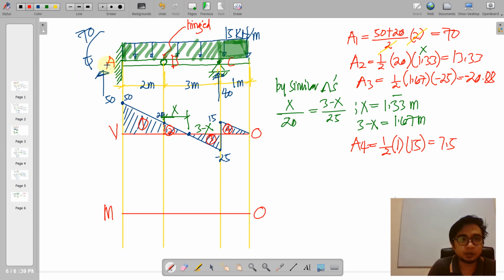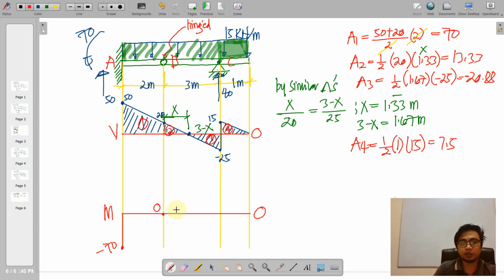So we start with A having a negative rotation equivalent to negative 70, and then we're going to add this trapezoid, that is area 1. Okay, from negative 70 plus 70, it will yield 0 here.